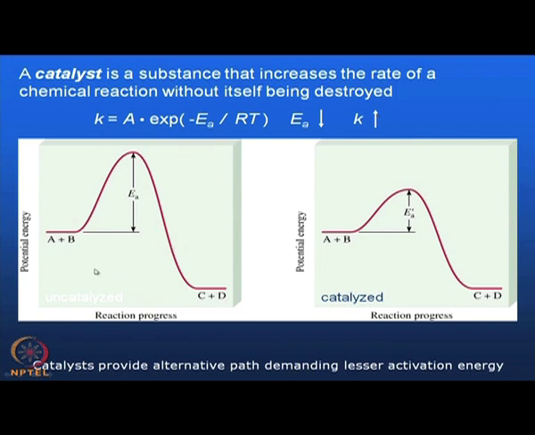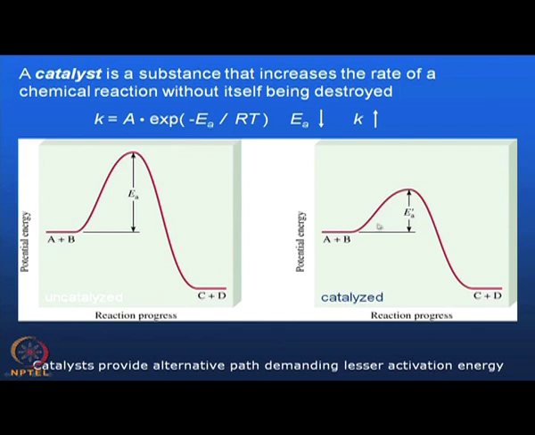Okay. So, if this is an uncatalyzed reaction, and in presence of a catalyst the activation energy is reduced, then your rate will be further increased. So, what is the role of a catalyst? Basically, a catalyst provides an alternative path that demands lesser activation energy.